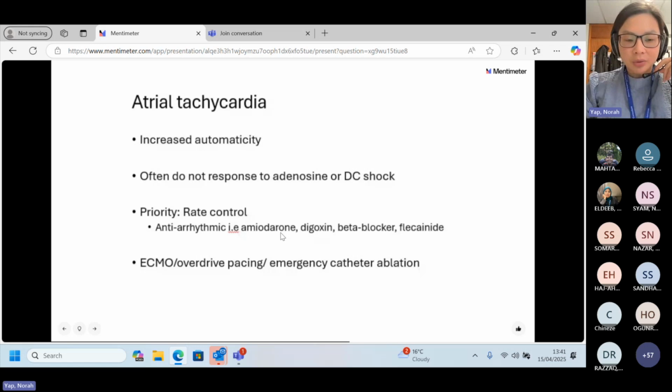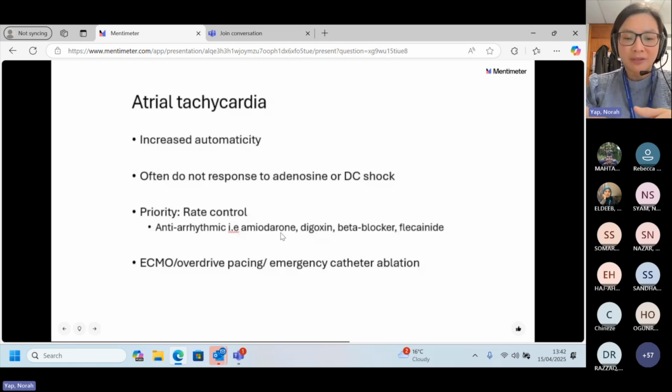Sometimes we may have to put the patient onto ECMO to take over the heart, and when you're doing an open chest ECMO, we can put in a temporary pacing wire to help with overdrive pacing. When I say overdrive, we basically pace higher than the tachycardia rate, and hopefully that can help to take control of the rhythm. You can only do that after bringing the heart rate down to a certain level.